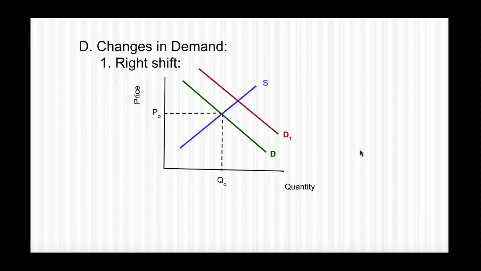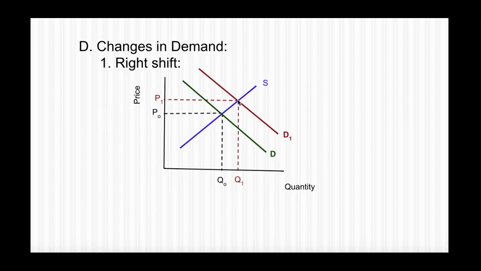That's what a right shift in demand looks like. So notice I have it labeled D1. You could label it DR for demand right shift. But now we have a new equilibrium, because our new equilibrium is going to be where our new demand curve intersects our old supply curve. So right here, okay? So here's my equilibrium price. Here's my equilibrium quantity.